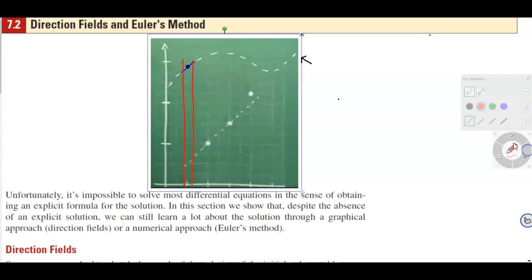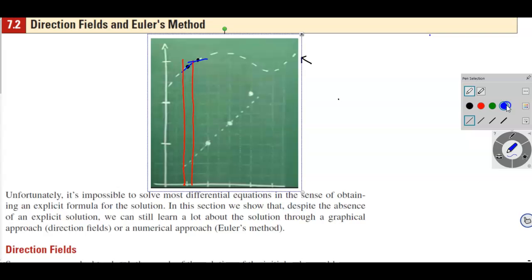And so if I step over to the right and say, okay, this point is approximately on the graph. So if I have another point that's approximately on this graph, I know I can use my derivative function to get the slope of the line containing that point. So now what's going to happen is I'm going to end up having a new line here.